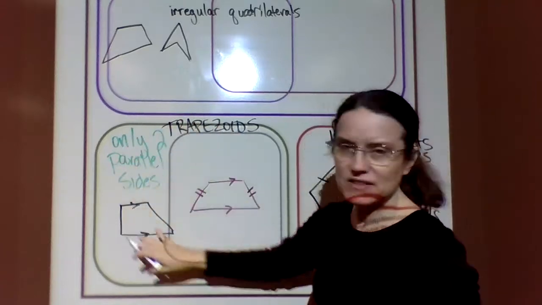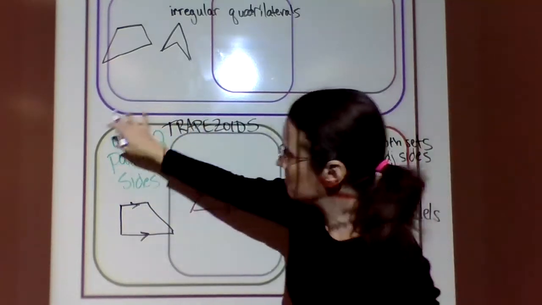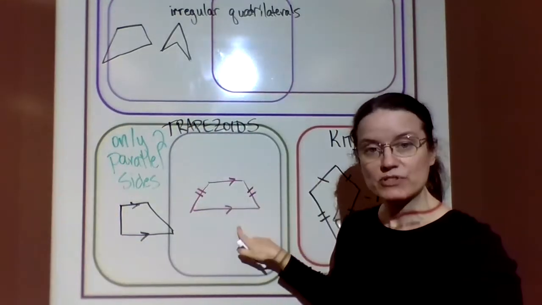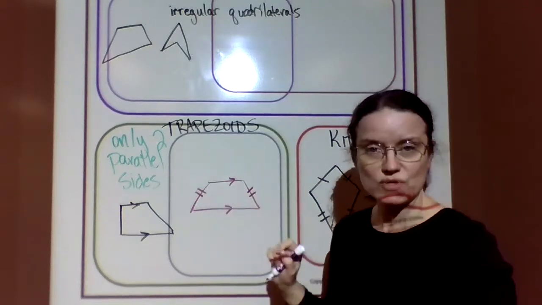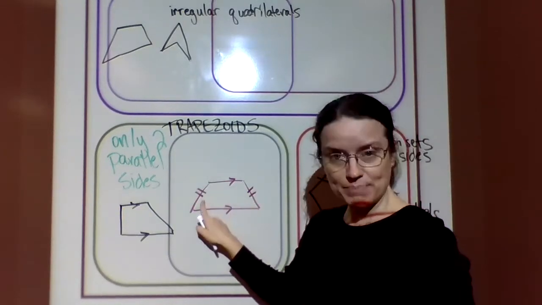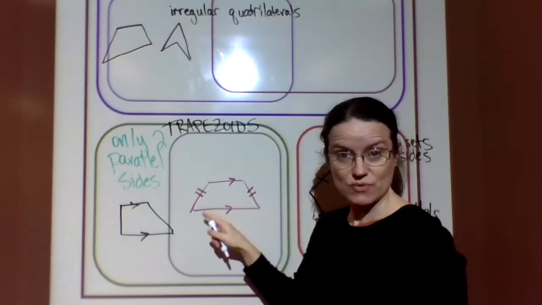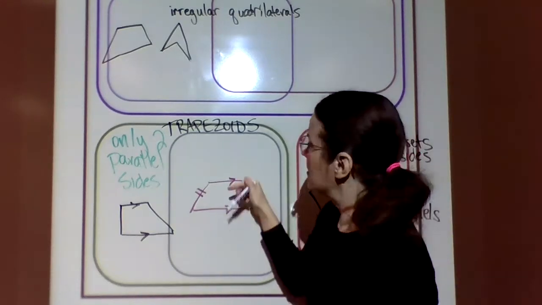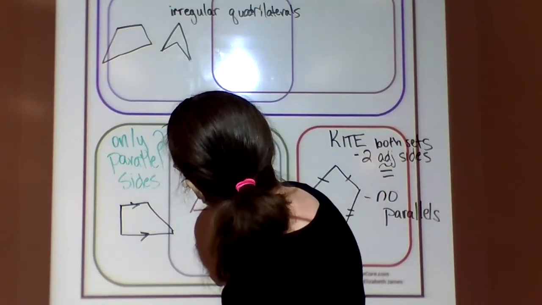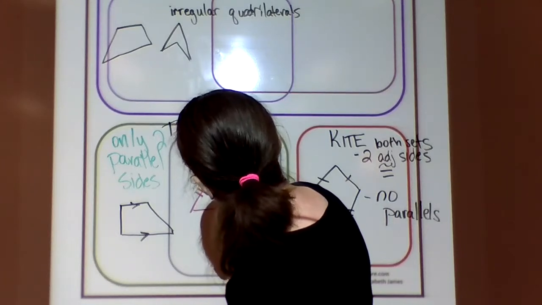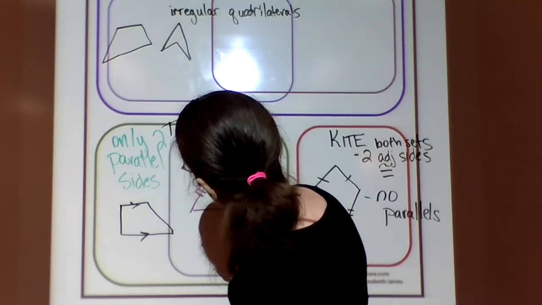So I still fit the definition of a trapezoid. I still belong in the green box, but I'm even more special here because there's two sides that are congruent. They are opposite to each other instead of next to each other like they were in the kites. This is an isosceles trapezoid.